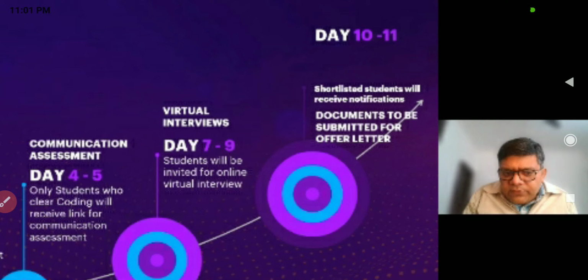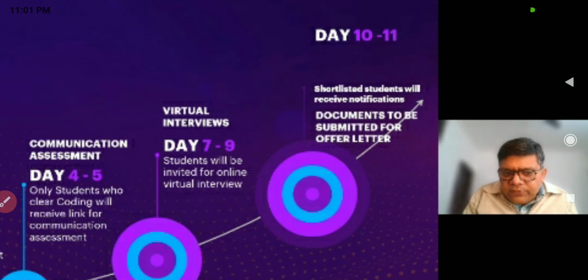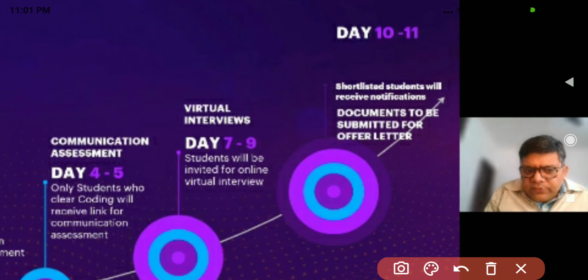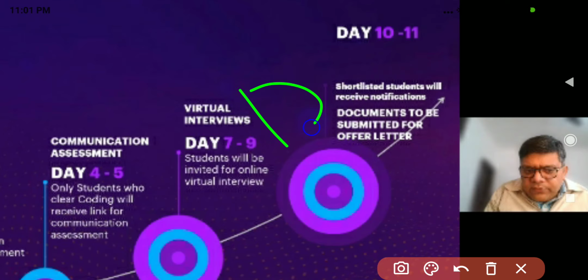Okay, so that's it. Now you are in the final selection stage, guys, day 10 or 11. The guys who are done with HR and all those things will be sent one link, that is the documents upload link. In the sense you have got selected and you need to upload your documents.